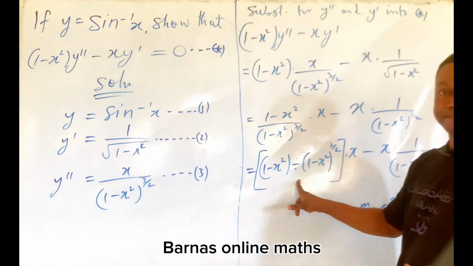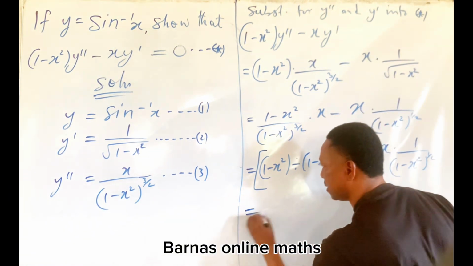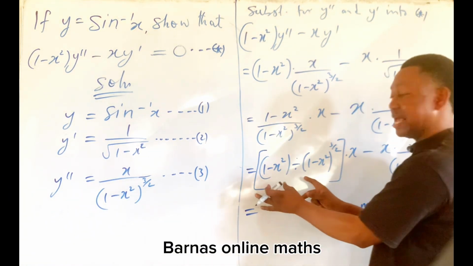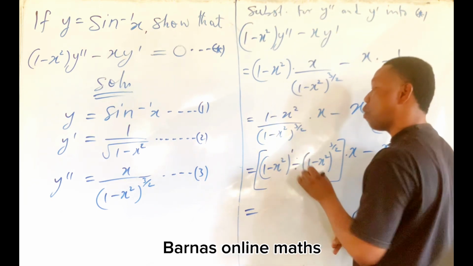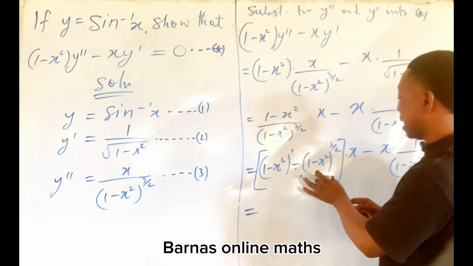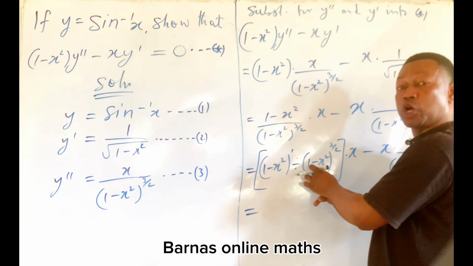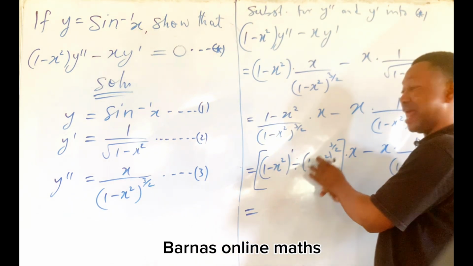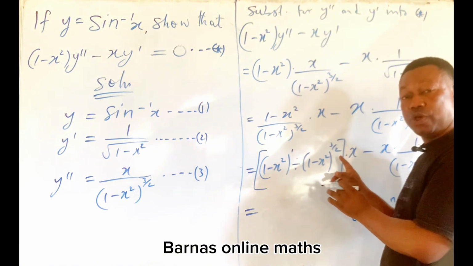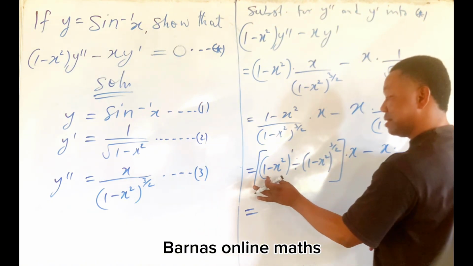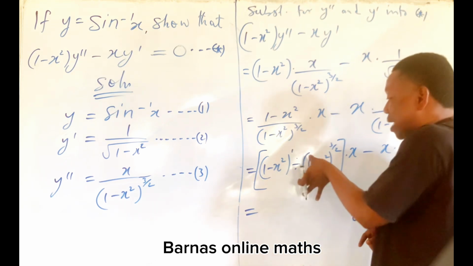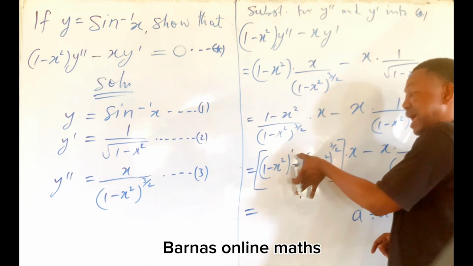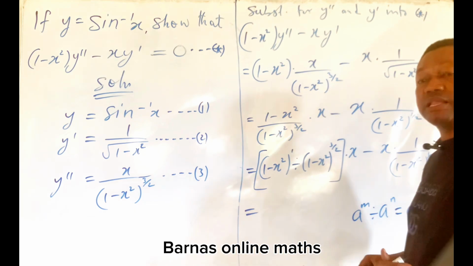Applying this here, we're going to have this to be, of course they have the same base. The base here is 1 minus x squared and its power is 1. And here, divided by, the base here is also 1 minus x squared and its power is 3 over 2. You find out that they have the same base, and what is connecting them is division sign, so we are going to subtract their powers.